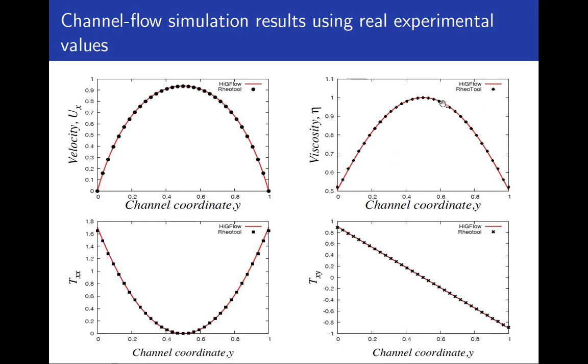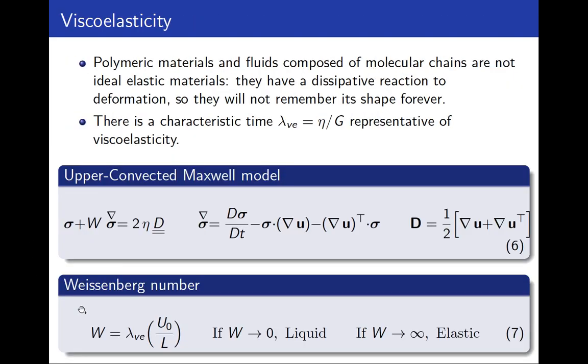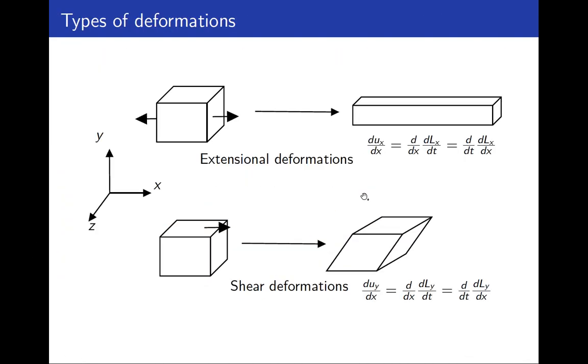And we also have these two profiles. This quantity is known as the normal stress, which is the shear force that is being applied in the x direction over the surface where the normal points in the x direction. This normal stress measures extensional deformations.